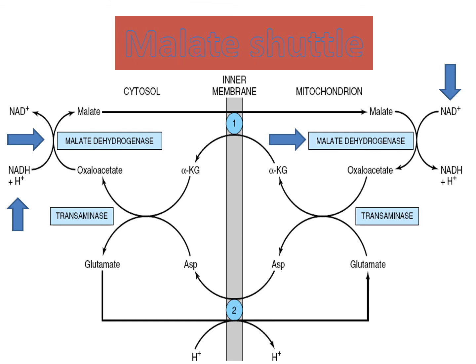So when the cytosolic NADH enters the mitochondria through the glycerophosphate shuttle, it produces only 1.5 ATP. When it enters through the malate shuttle, it produces 2.5 ATP.